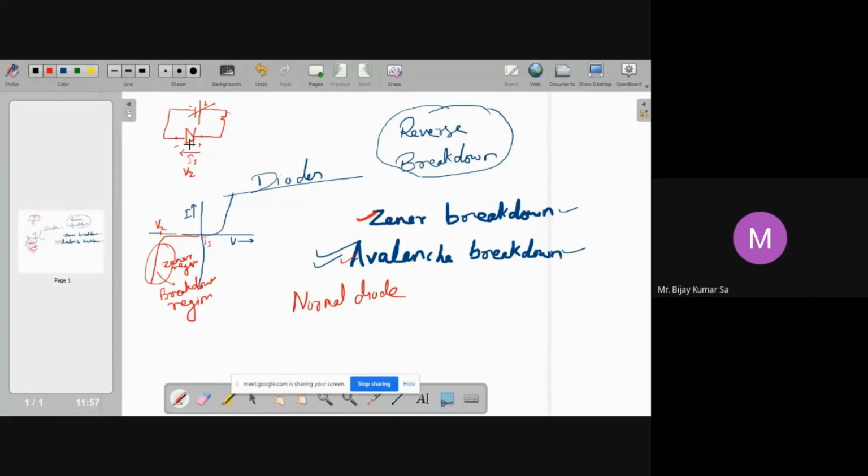That high current will damage this diode in such a way that it will lose its VI characteristics. Even if a very high amount of current flows through it for some time, after that if you try to use this diode, it will not show the same VI characteristics for which it was designed and manufactured. So that is the problem.